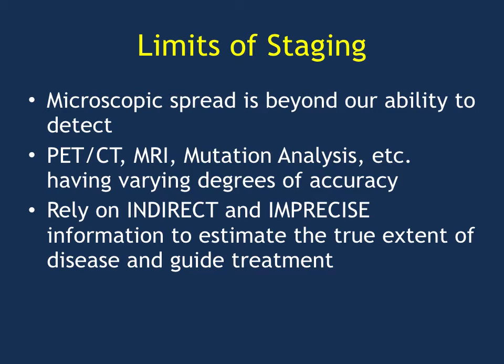But the actual picture is really not the case. We rely on a lot of indirect and imprecise information to estimate the true extent of disease and guide treatment. You might be surprised, by the end of the module itself, how many patients actually get overtreated or undertreated, or more often overtreated actually, because of this uncertainty and because of the significant consequence of undertreatment.